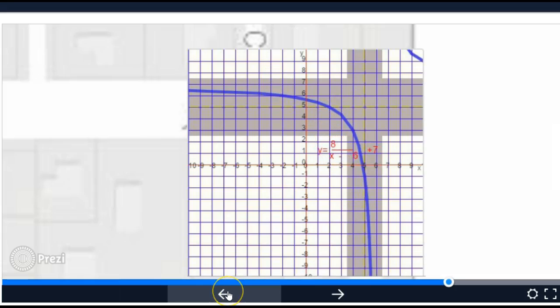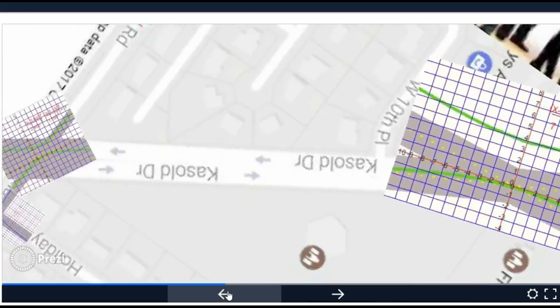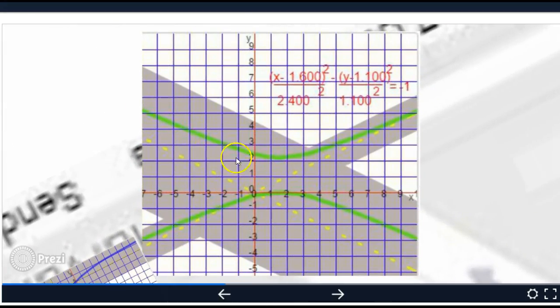Okay? And let's see, I'm going to choose this standard hyperbola function to explain. And a standard hyperbola function takes this form where you have the x squared divided by an a squared value minus the y squared divided by the b squared value. And in this case, it's equal to -1. And if the right side is -1, what that means is that you're going to have a top part and a bottom part to your hyperbola instead of a left and right side.